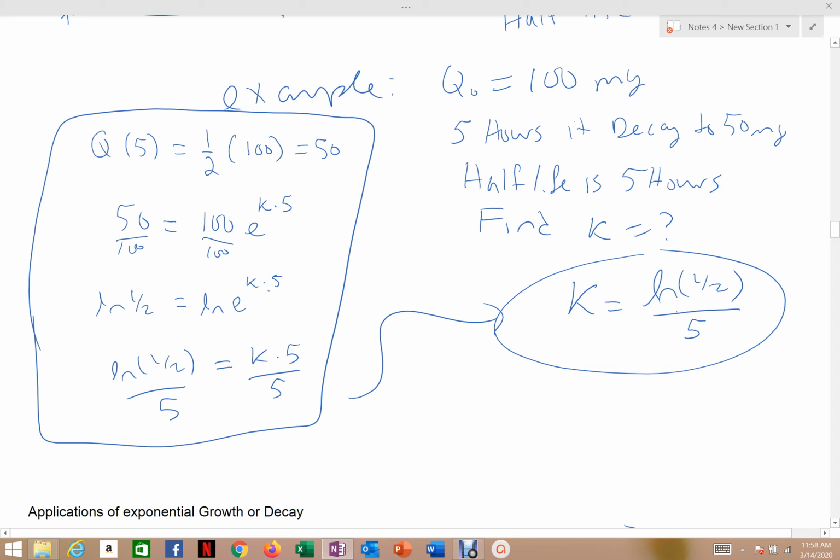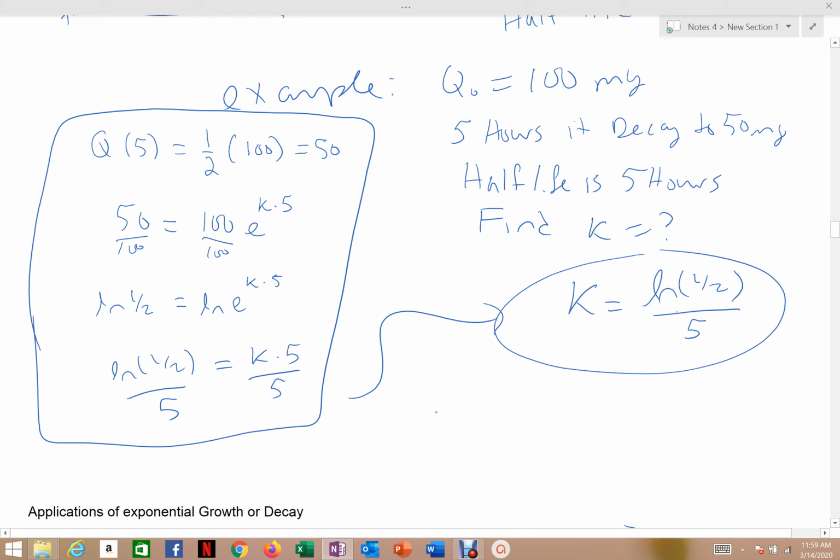I don't necessarily have to have a half-life. I could say in 6 hours it declines down to a quarter of what we started with. That would be 1/4, so it'd be the natural log of 1/4 divided by 6 that would give me my k.